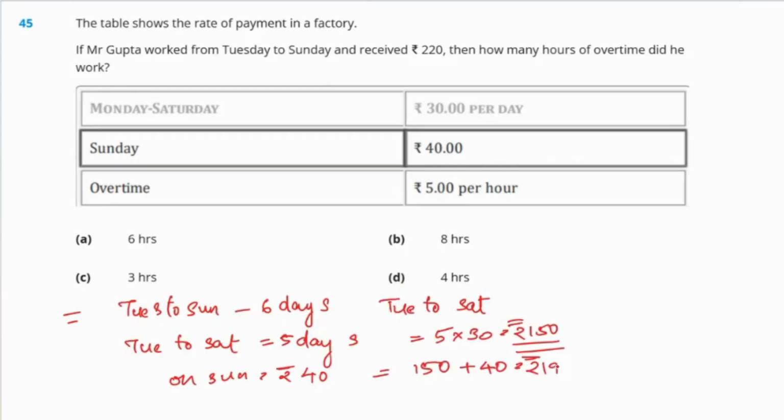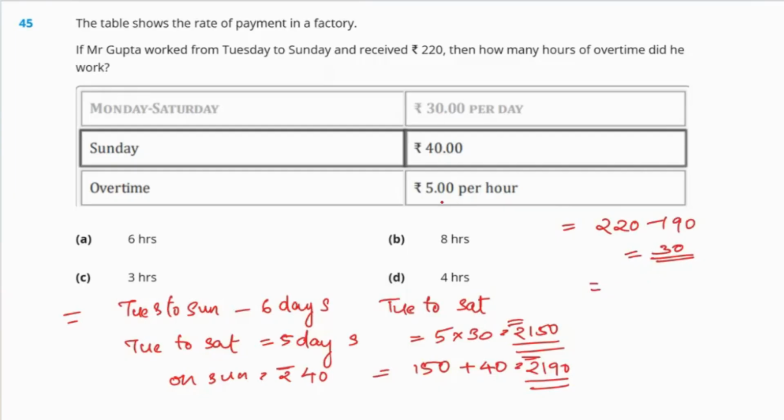Okay. So how much is overtime? We have to find out. He received rupees 220. So 220 minus 190 means what? We are getting 30 rupees. So 30 rupees is extra. So how many hours did he have to work? For that, we have to find earning from overtime divided by overtime rate.